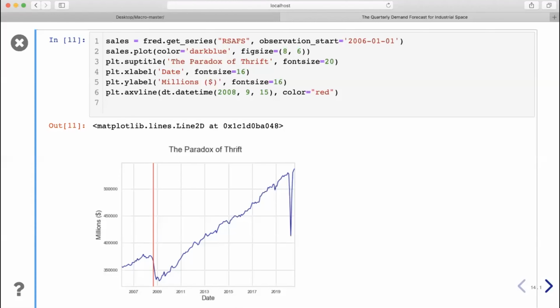And the paradox of thrift comes from this basic economic idea that my spending is your income, your spending is my income. It may be optimal for both of us to reduce our spending in the face of a natural disaster. But the paradox of thrift basically says that we are both made worse off as a result of this.